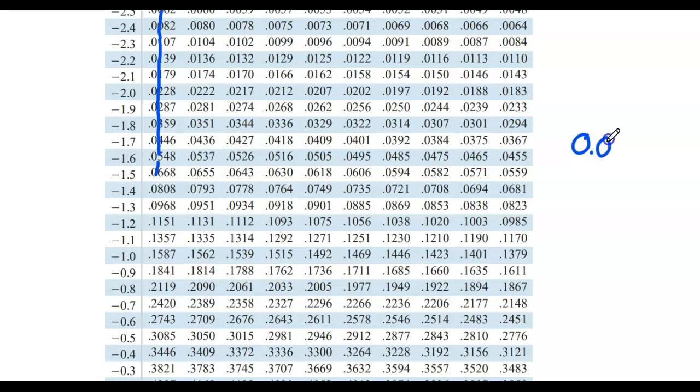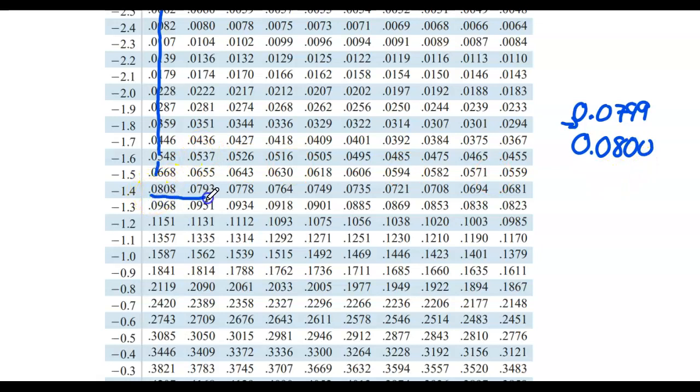Well, I want a 0.0800. The number just before it is a 0.0799. So I'm wanting this value right here, between where it changes from a 0.07 to a 0.08.